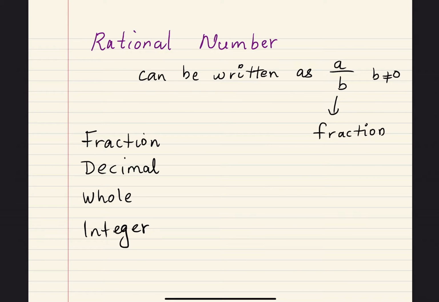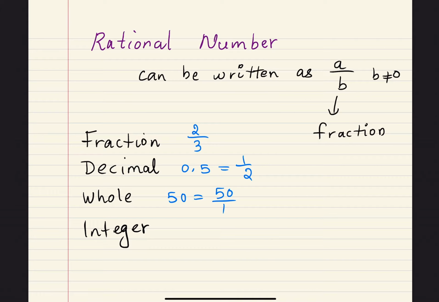So the examples are, for example, the fraction 2 over 3. This is a fraction. Decimal 0.5, we can write it as 1 over 2. We can convert it to a fraction. The fraction is 1 over 2. So it is again a rational number. For example, 50. It is a whole number. But we can write 50 as 50 over 1.